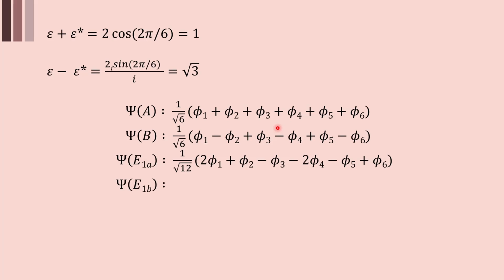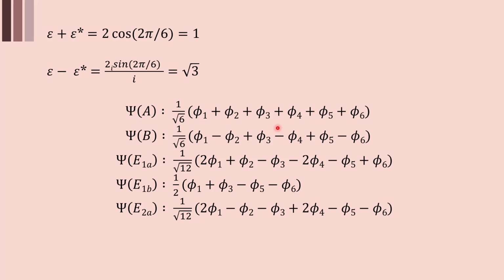Similarly, for psi E1B, it is phi 2 plus phi 3 minus phi 5 minus phi 6. And for E2A, that is again the A type, but the numbers have different values, positive and negative: 2 phi 1 minus phi 2 minus phi 3 plus 2 phi 4 minus phi 5 minus phi 6. And finally for E2B, it is phi 2 minus phi 3 plus phi 5 minus phi 6.